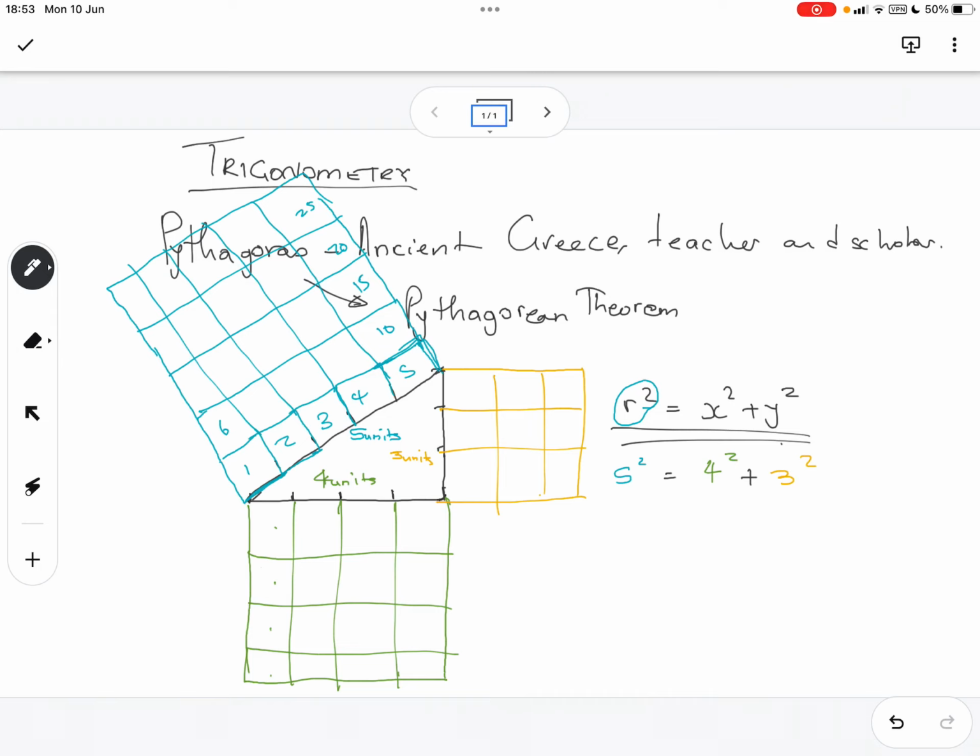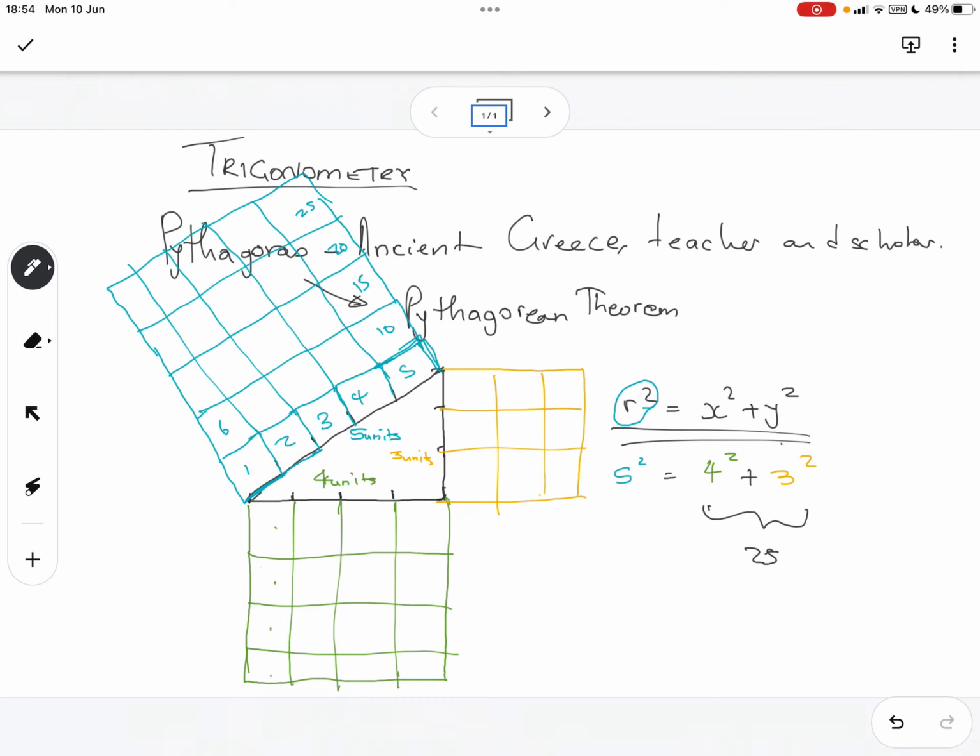So Pythagoras in ancient Greece came up with this theorem. This length, 5 units, squared becomes a square. So I multiply it by itself, 5 times 5, and that gives me an area, which is a 2-dimensional space.